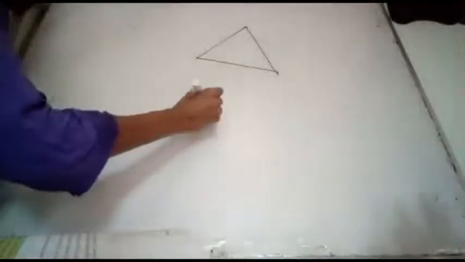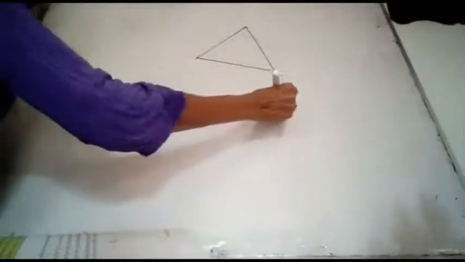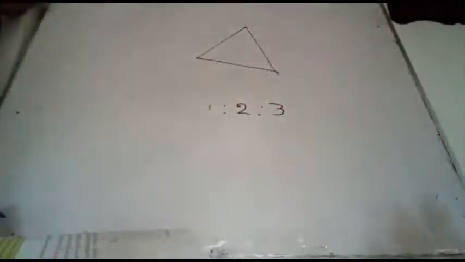The ratio of the magnitudes of the interior angles of a triangle is 1 to 2 to 3. Find the magnitude of each angle separately, with reasons mentioned. What type of triangle is it?